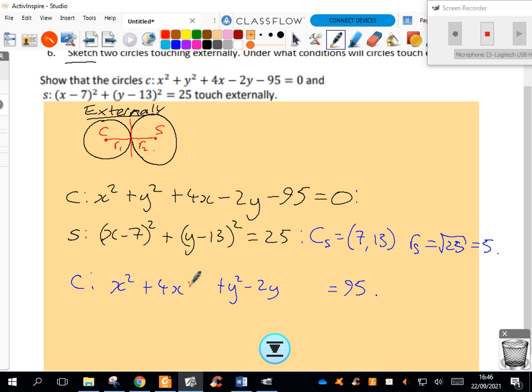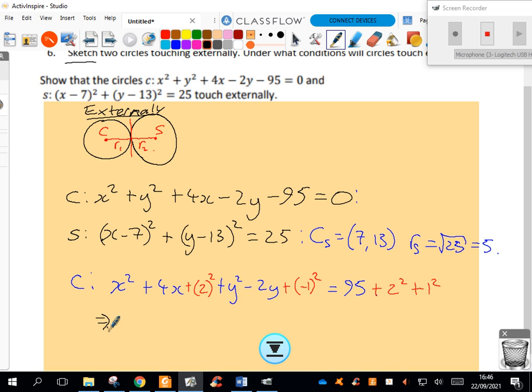So hopefully at this stage you know that I add in the square of half the coefficient of x here, which would be 2, and over here I add in the square of half the coefficient of y, which would be negative 1. Also, if we're adding those things on the left, we need to add them on the right in order to keep the whole thing in balance. The square of negative 1 is just the same as the square of 1, so I'll just write it like that.